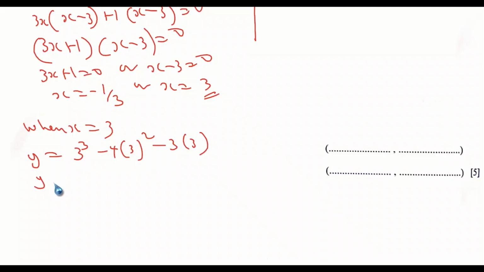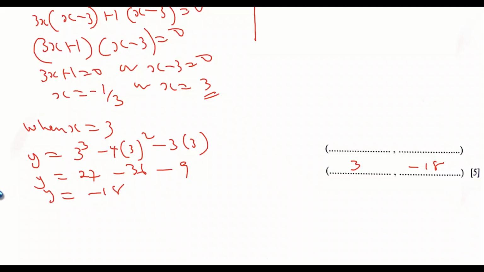So if you do this, y will be equals to 27 minus 3 times 3, 9, 9 times minus 4, minus 36, then minus 9. So y is equals to minus 18. So that is when x equals to 3, y is equals to negative 18.